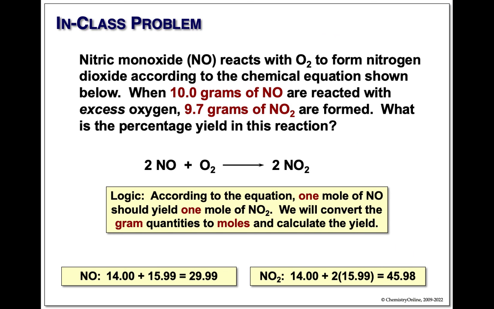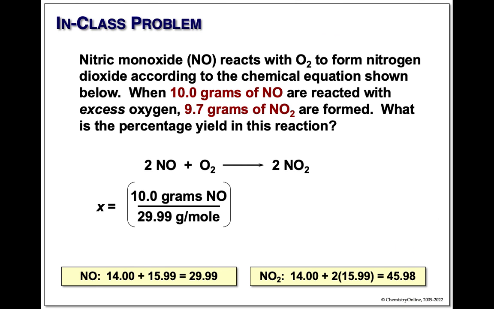NO is 29.99, NO2 is 46. So 10 grams of NO are how many moles? 1 mole would be 30. We have 10. Mass divided by molar mass gives us moles, doesn't it? We've heard that before. 1/3 of a mole.